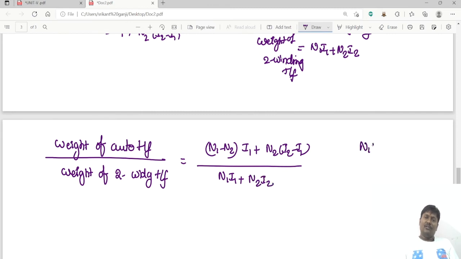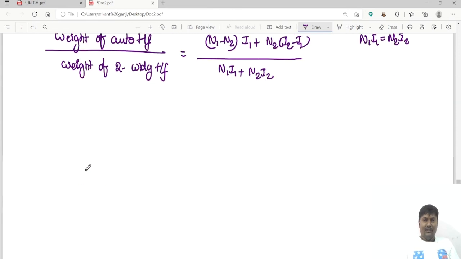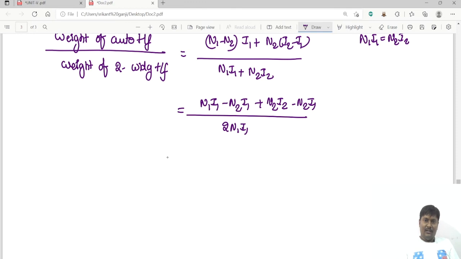We know that N1 I1 is equal to N2 I2. So expanding, N1 I1 minus N2 I1 plus N2 I2 minus N2 I1 divided by 2 times N1 I1.